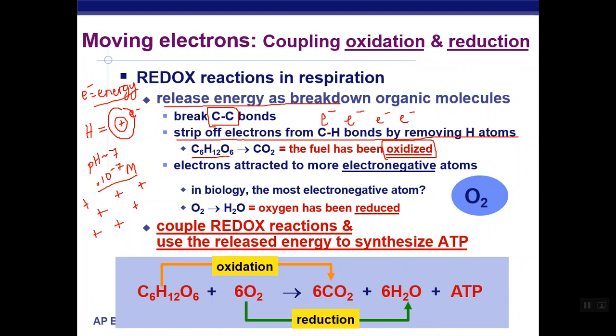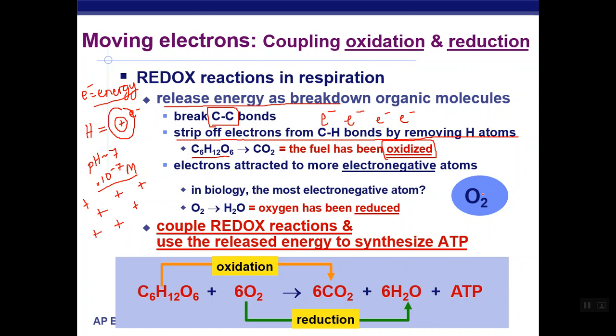What's getting reduced? We're oxidizing glucose, but where are these electrons going? They're not just going to float around the cell. They're going to be immediately attracted to electronegative atoms, right? So what's the most electronegative atom in high quantities in an organism? That atom is oxygen.